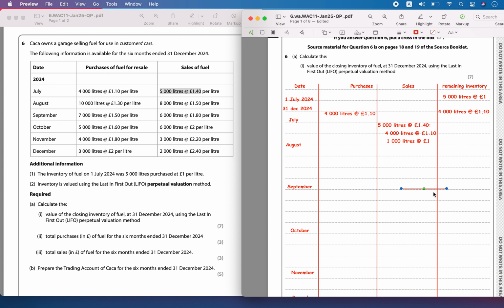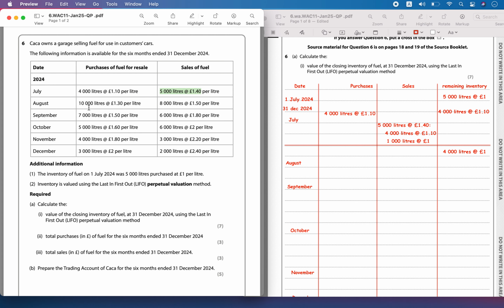And now let's calculate the remaining inventory after the sale. From this, 4,000 at £1 is left, because this got sold out.